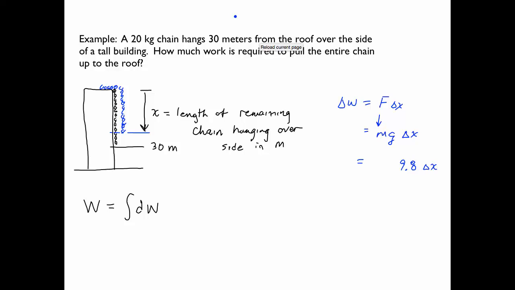How many kilograms per meter of chain? So it'd be 20 over 30. If we take 20 kilograms per 30 meters, if we break 20 kilograms up into 30 parts, we're going to get how many kilograms each meter is. And what is that?